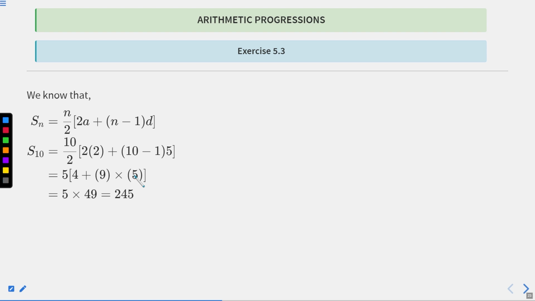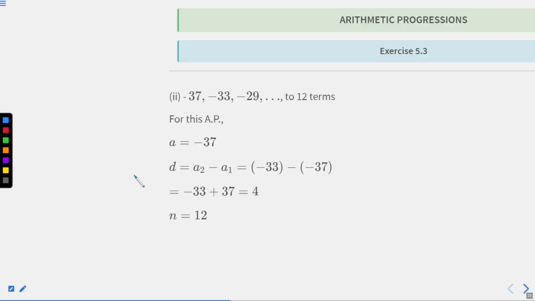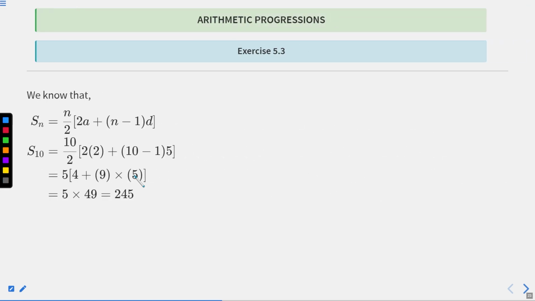So the sum of these 10 terms, S10, is equal to 245.